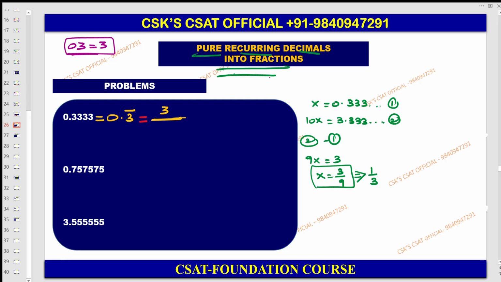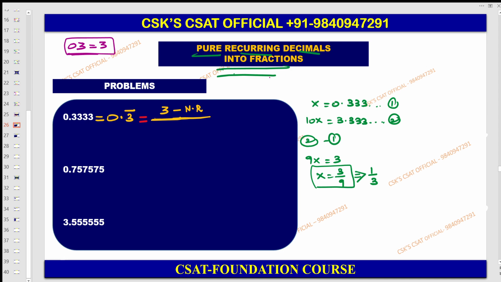The procedure here is you have to write the total minus non-recurring. Please understand, minus non-recurring. NR means non-recurring. Please write it in your notes. Then, how many digits are recurring? Only a single digit, 3 only, is recurring.